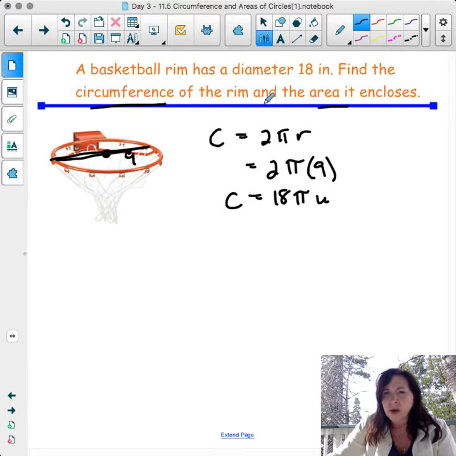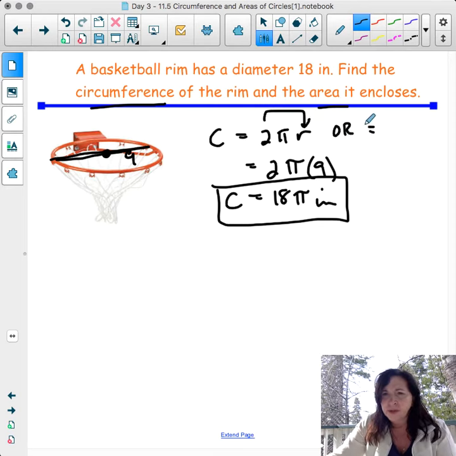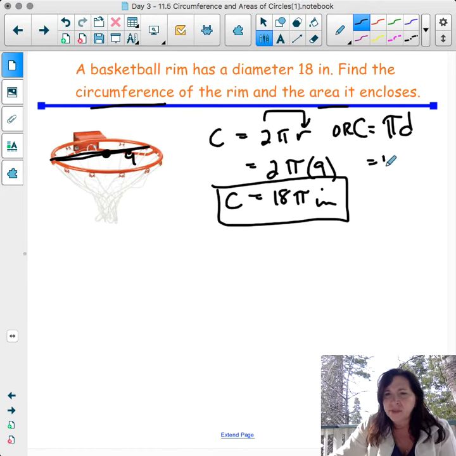Or actually inches. Just a note on this problem, inches is my circumference. 2 radii is equal to a diameter. So I could also have used this formula, circumference is equal to pi times my diameter. And in that case, my diameter is 18, so I get 18 pi.